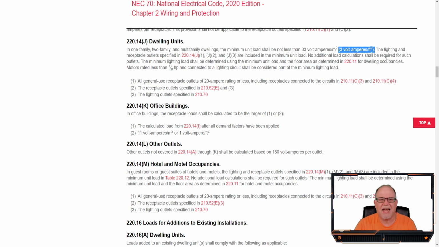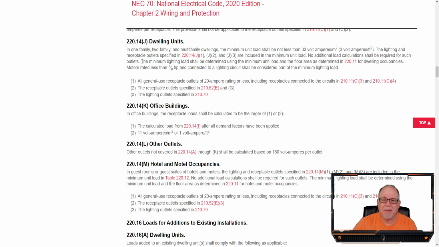The lighting and receptacle outlets specified in 220.14(J)(1), (2), and (3) are included in the minimum unit load of 3 VA per square foot. Now it says no additional load calculations shall be required for each outlet.